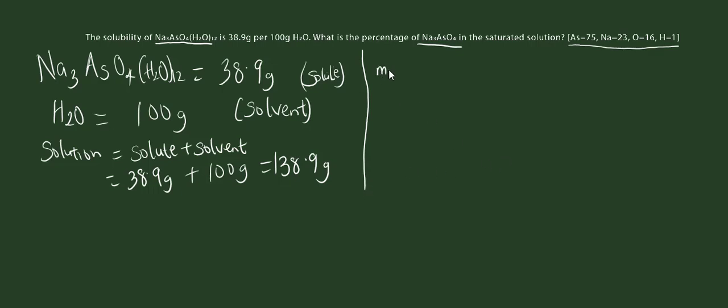The molar mass of Na3AsO4·12H2O can be calculated, okay, follow me, and that will be 3 multiplied by 23. 23 is for sodium.